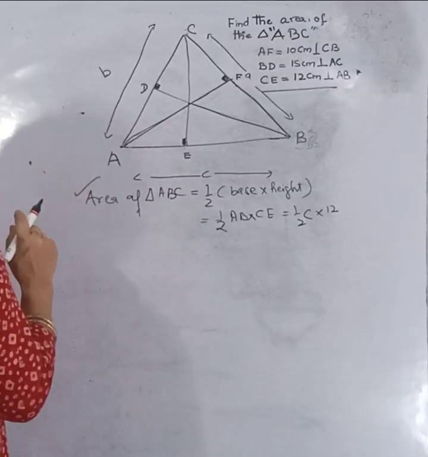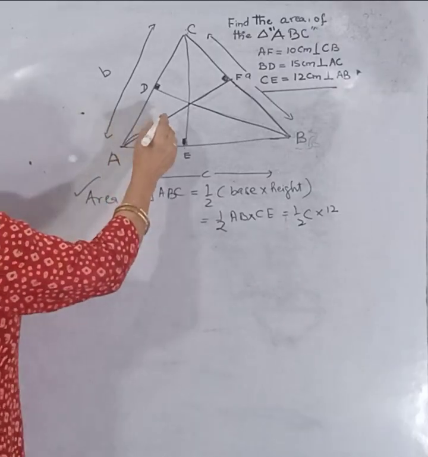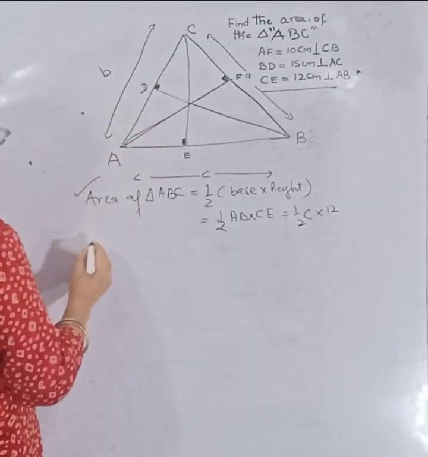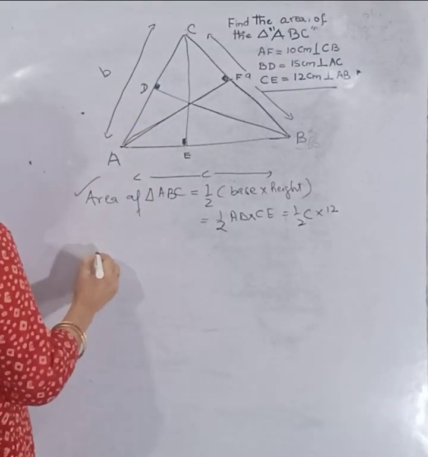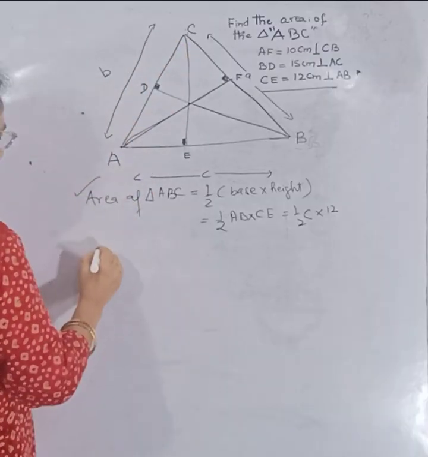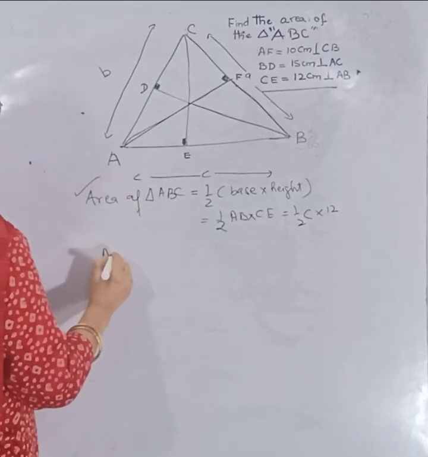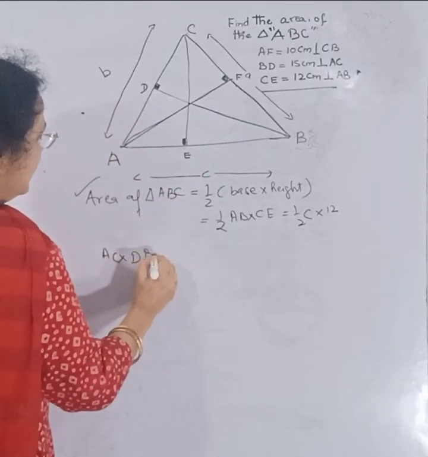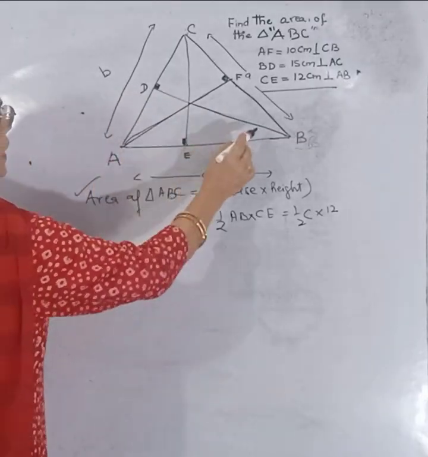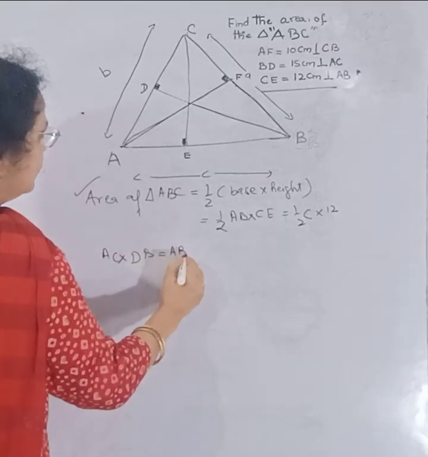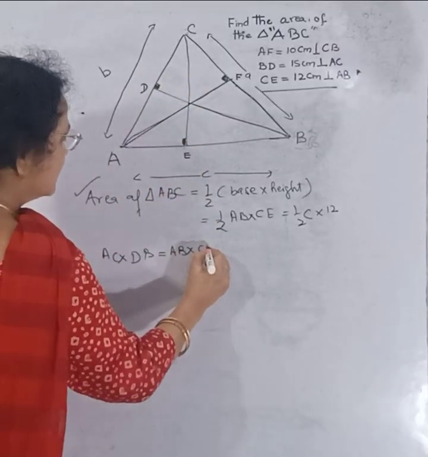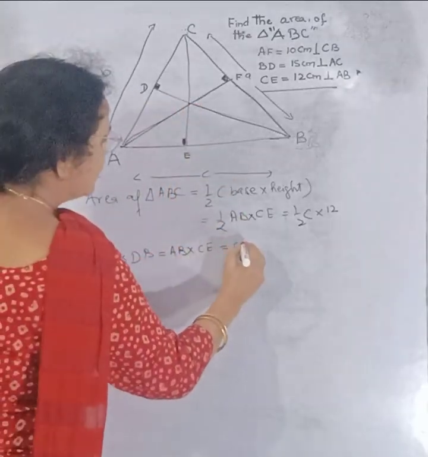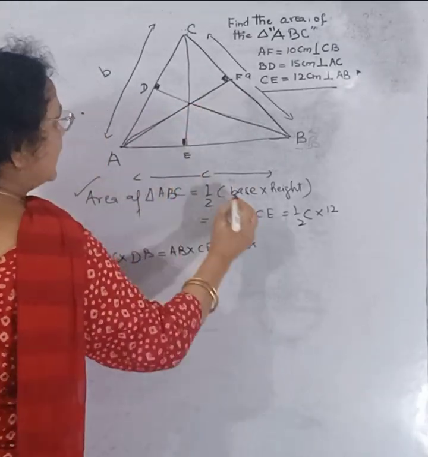Because the area is the same, we can say that this base, AC into the perpendicular DB, will be equal to AB into its perpendicular CE, which will also be equal to CB into its perpendicular AF.